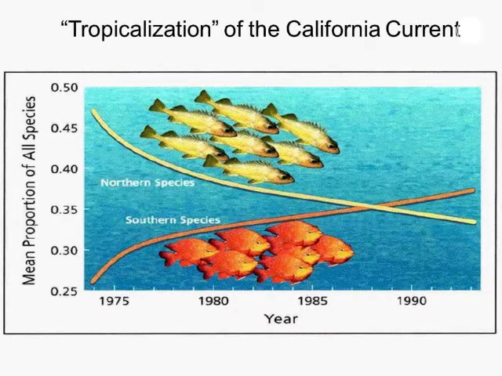One of the things that people are talking a lot about is tropicalization of the California current. We have a system that's half subarctic and half subtropical, if you will, in terms of the overall distribution. We're dealing with a very large area that expands many degrees of latitude. So there could be this general increase in southern species and a general decrease in northern species.